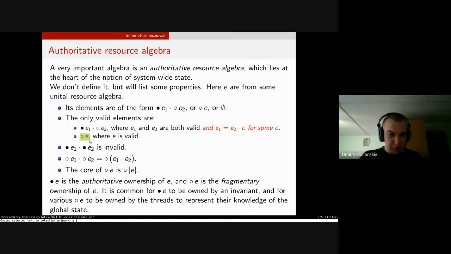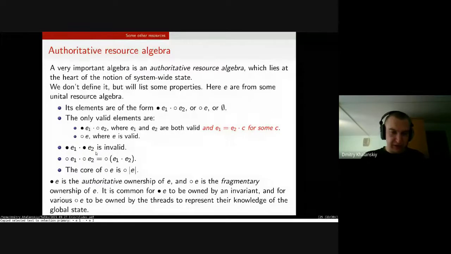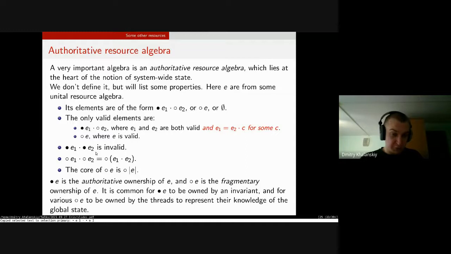The fragmentary value itself is valid if it wraps a valid value. Combining two authoritative pieces is invalid. If you ever see in a proof two authoritative pieces, it means something went wrong, because, as you can guess, there can only be one authoritative piece. There can only be one whole of which the other pieces are fragments.